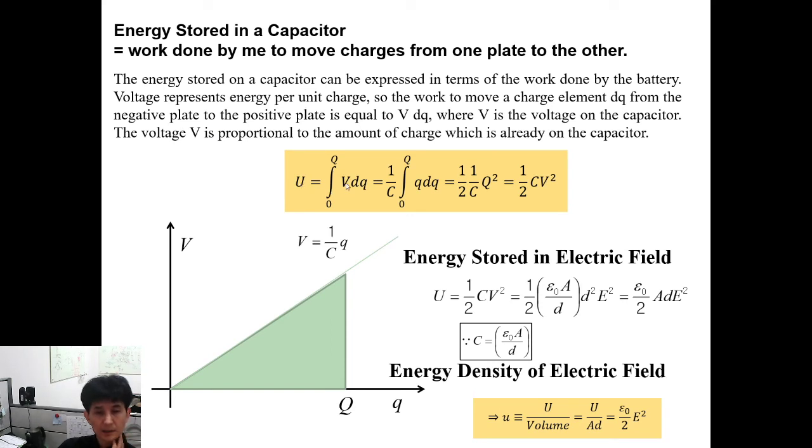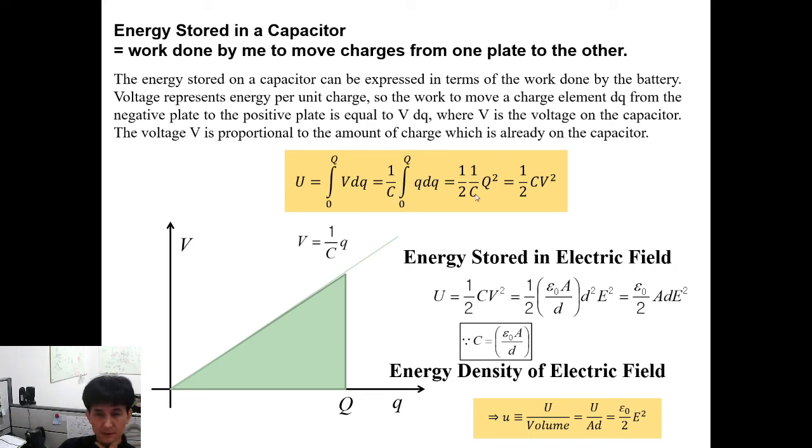U is V times dq, and since V is 1 over C times q, instead of kx for a spring it is 1 over C times q. So k, the spring constant of a spring, is like 1 over C for a capacitor.